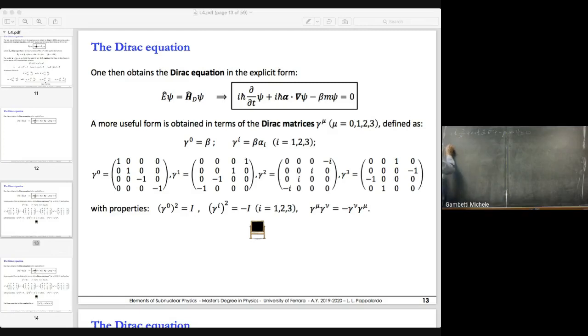So this is i h bar beta partial t psi plus i h bar beta alpha dot nabla minus beta squared m psi equal to 0.